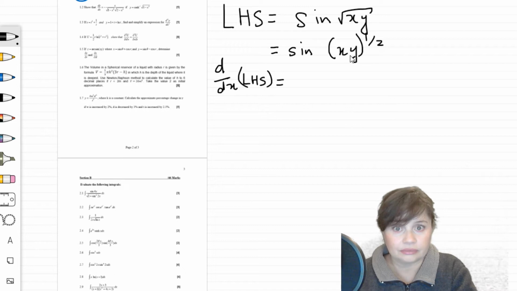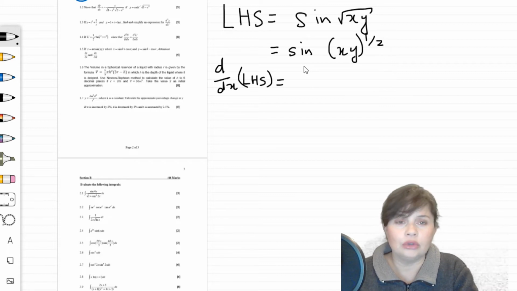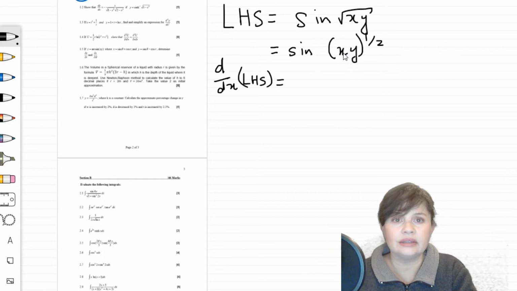Sometimes lecturers speak about layers of an onion, or how to get to the core of an apple. They use lots of different examples, but you just need to know how you get to your independent variable. In this case, your independent variable is x.